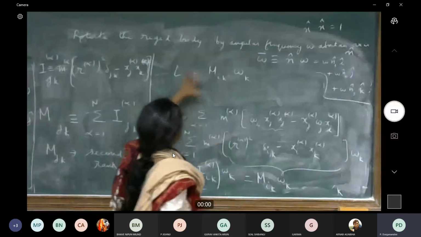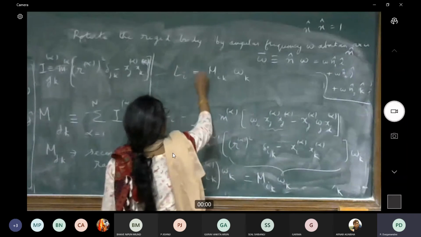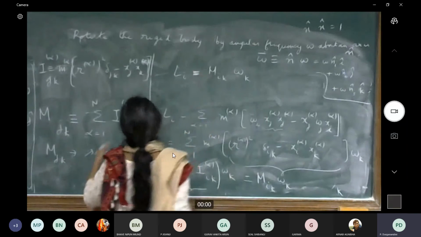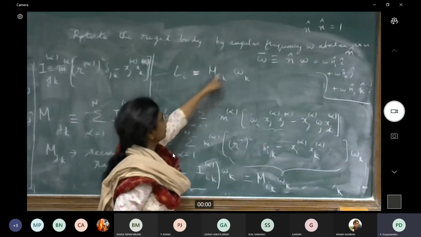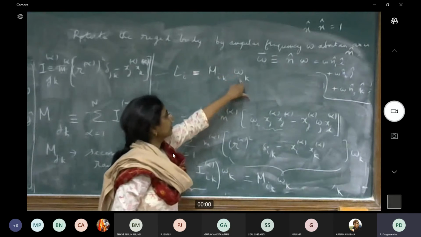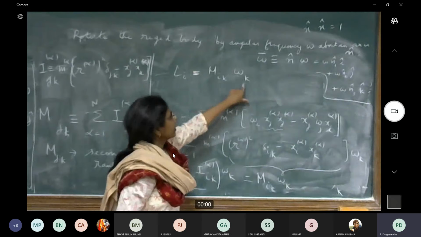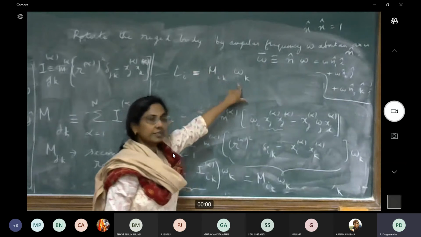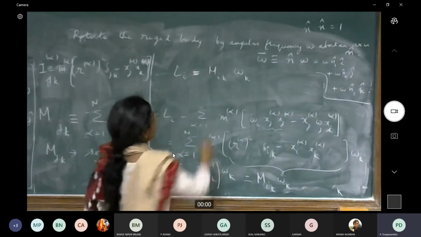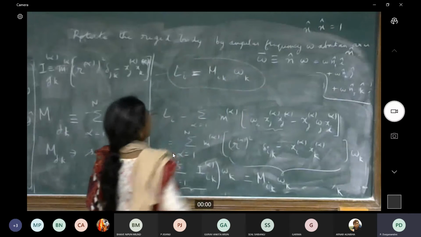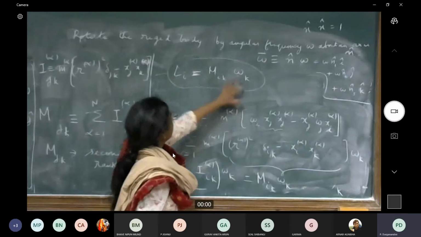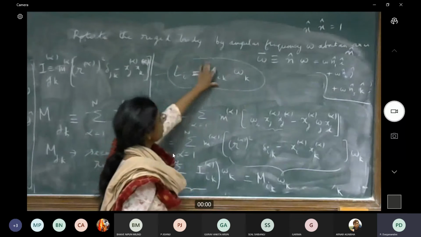And you can show that this M is a second rank tensor. So I've taken a second rank tensor, combined it with the first rank tensor, contracted these two indices, so whatever is the resultant is a tensor of rank 1, which is your angular momentum. So you get an equation relating the angular frequency to the angular momentum through this second rank tensor object.